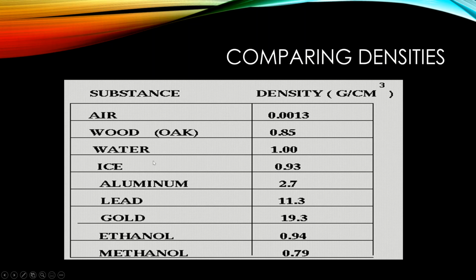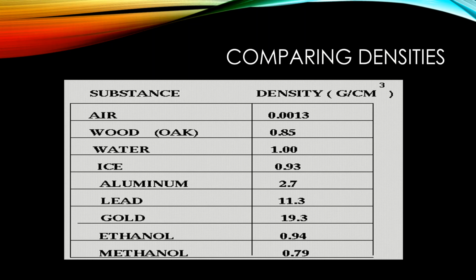Now let's compare some densities. Let's take air. Air is the lightest, the least dense substance. Let's compare the densities of some substances with water. Water has a density of 1 gram per centimeter cubed.